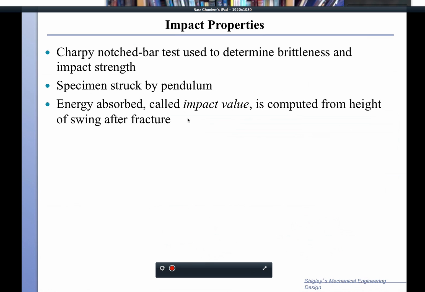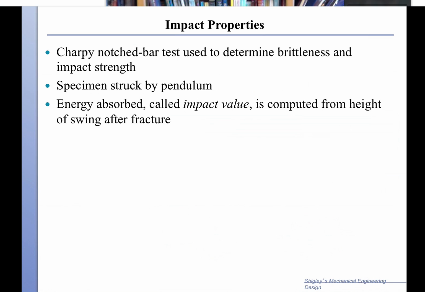We use a notch bar test to determine the brittleness of the material. In the notch bar test, we take a bar like this and notch it from the bottom, and then we support it on simple supports. We have a simple support here, a simple support here, and then we use a pendulum, and the pendulum will, let's say, be at this point here.